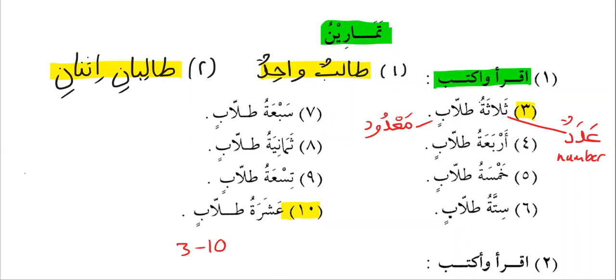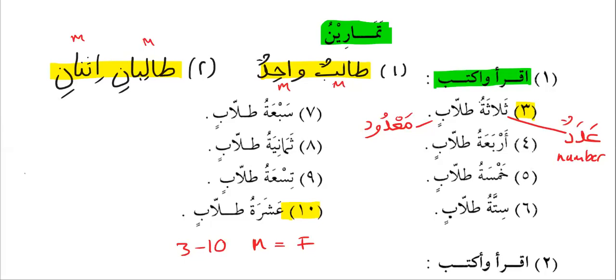When the thing we are counting is masculine, then the numbers will be feminine, and that's just from 3 to 10. So if we look at number 1, we say طالب واحد. طالب is masculine, and the number واحد is also masculine. They stay the same. And the same with the muthanna, we say طالبان, which is masculine, and إثنان is also masculine.